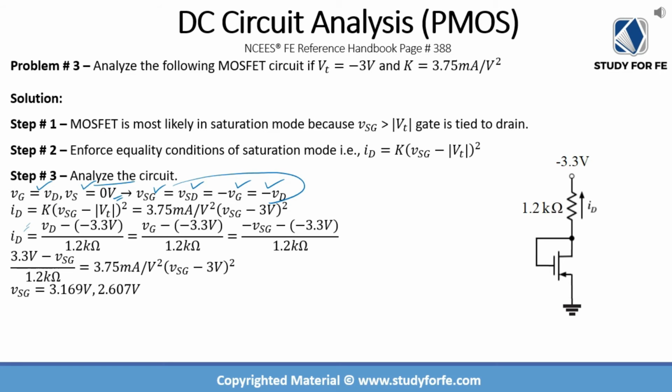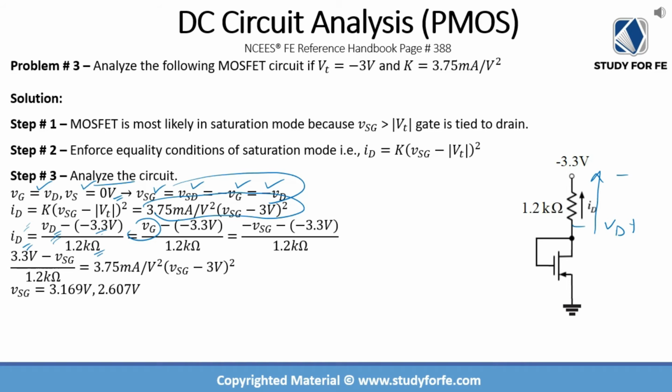Now ID is equal to K times (VSG minus VT) whole squared, so this gives me this value. ID can also be expressed as (VD minus 3) because the current is going in this direction. This is my drain voltage, so this is going to be the higher voltage, this is the lower voltage, so I'm going to do (VD minus 3 volts) divided by 3.3 divided by 1.2, and I know that my VD is equal to VG.